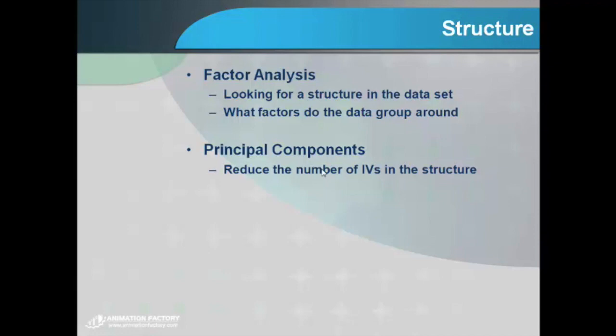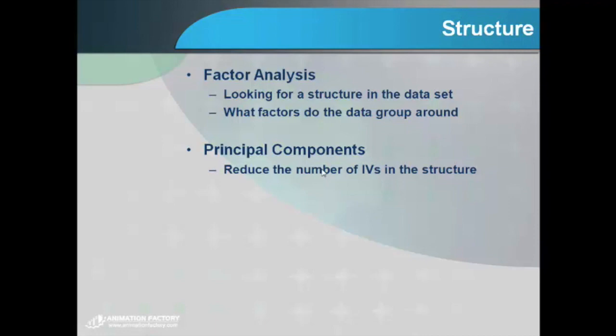And the last one is the idea of structure. What kind of structure does our data have? And what factors do the data group around? This is one of the ways that you show the validity of a test or a questionnaire that you've put together. The principal component analysis is doing the same thing as factor analysis, but it's doing it in reverse.